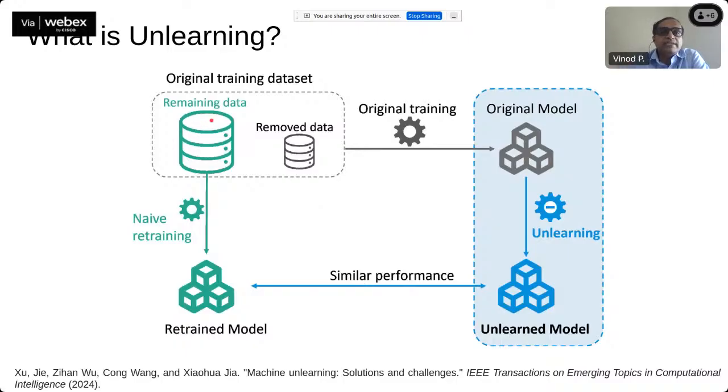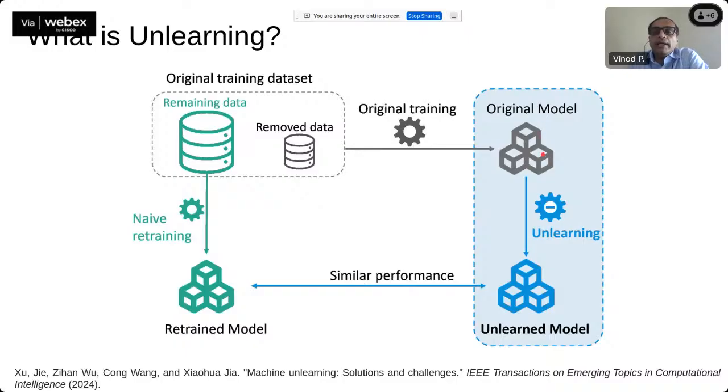In essence, we take the original data set, which comprises the remaining data as well as the sensitive data pertaining to a user, and we use this complete data to train a model, and let's say we call that model the original model.